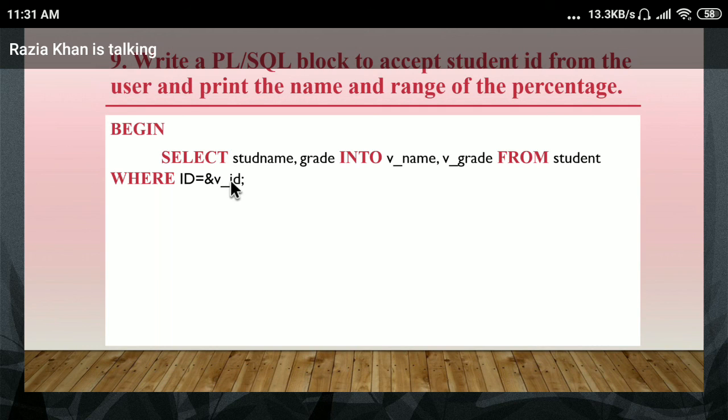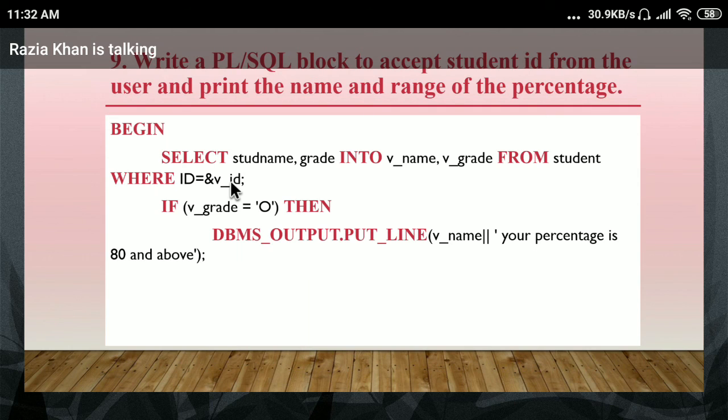What will this query display, or what will this query fetch from the table? It will fetch name and the grade, and it will store that name and grade in these variables, of the student whose ID is one. Clear, everyone? So just check.